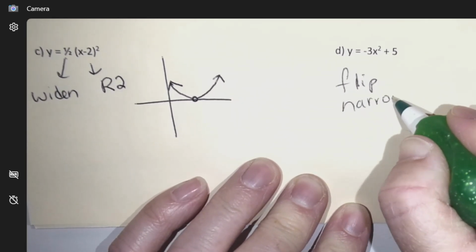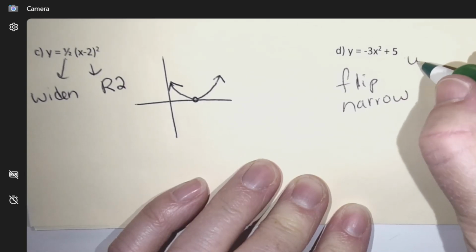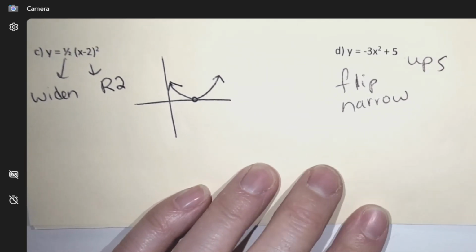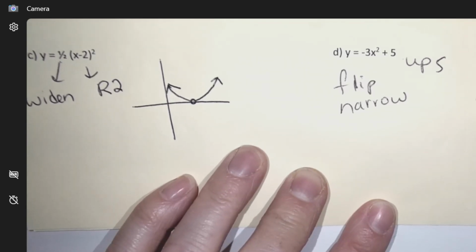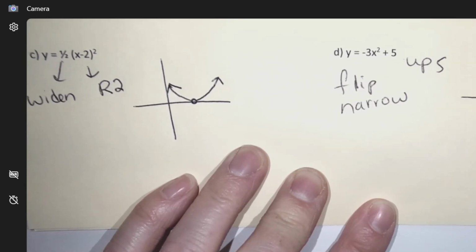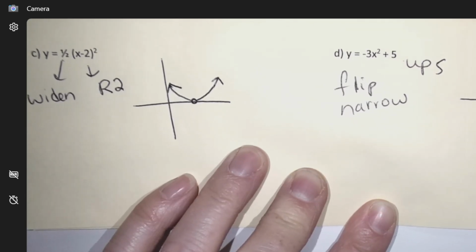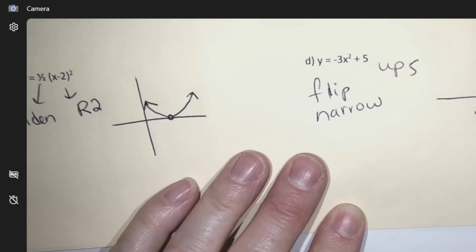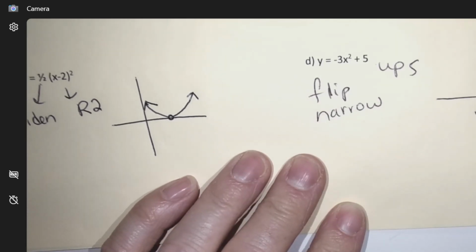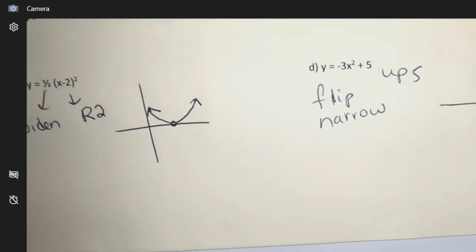The second would be to narrow it. And the last would have been that it went up 5 as well. So here's kind of just a general sense of what's happening. It's up 5, it's flipped, the arms of it are narrowed.